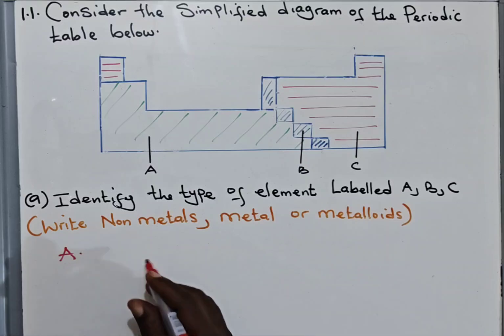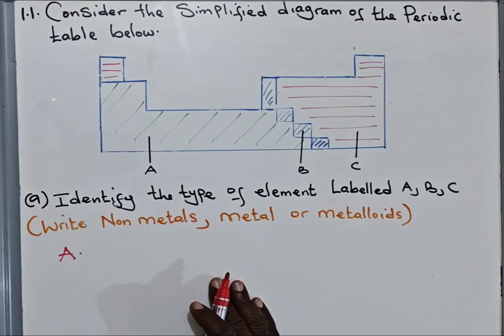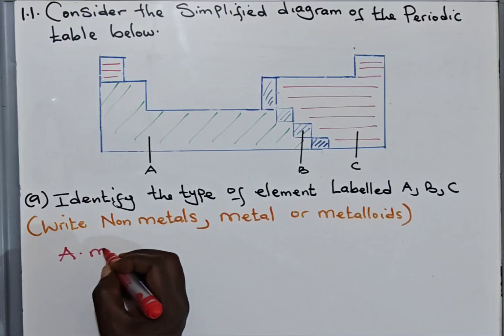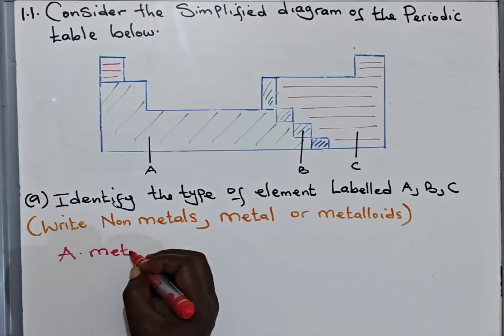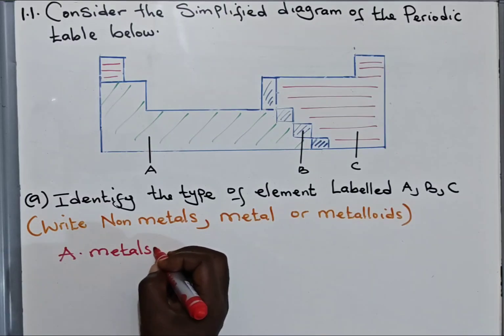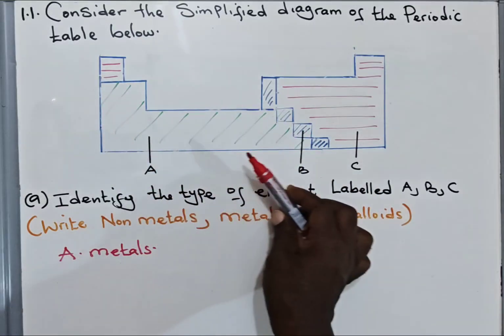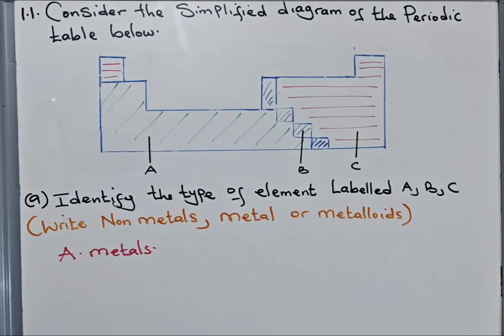What does A represent? A represents metals. Actually, the metals take the biggest part of the periodic table.